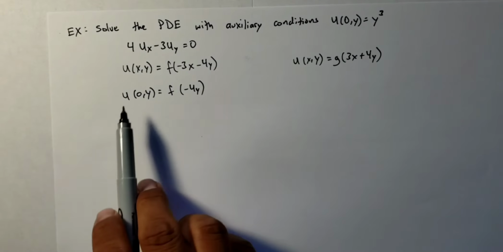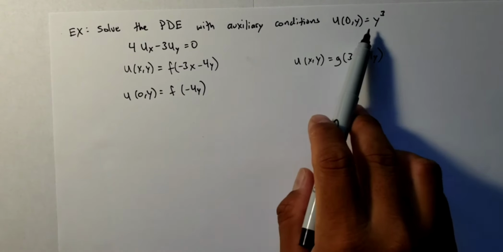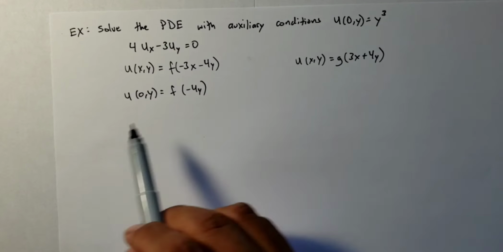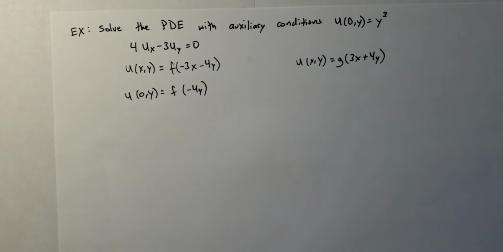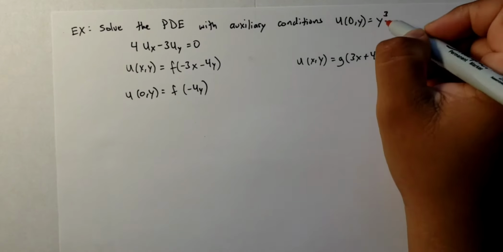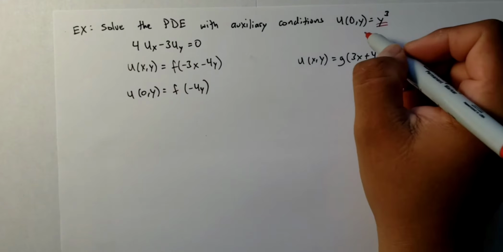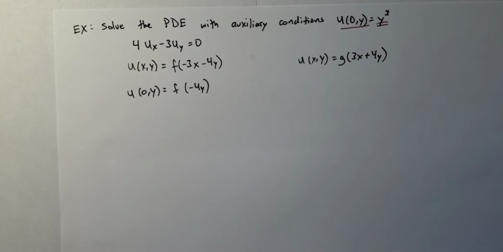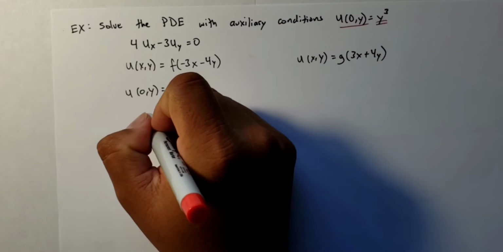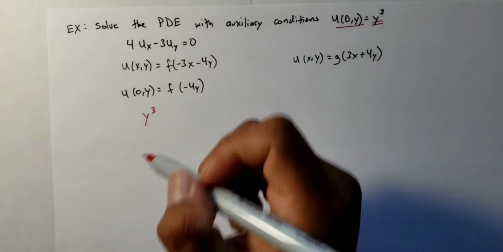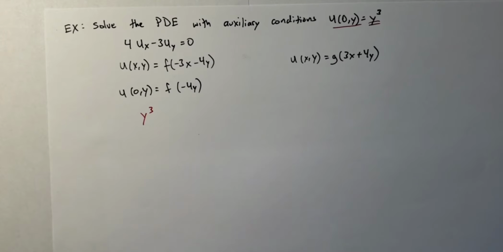But we know that u of 0, y is equal to y to the power of 3, so we can make that substitution as well. Now we have y to the third equals f of negative 4y.